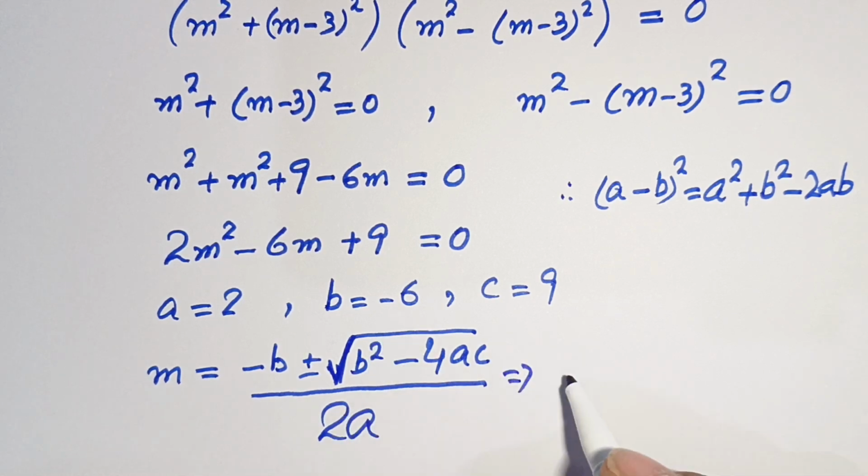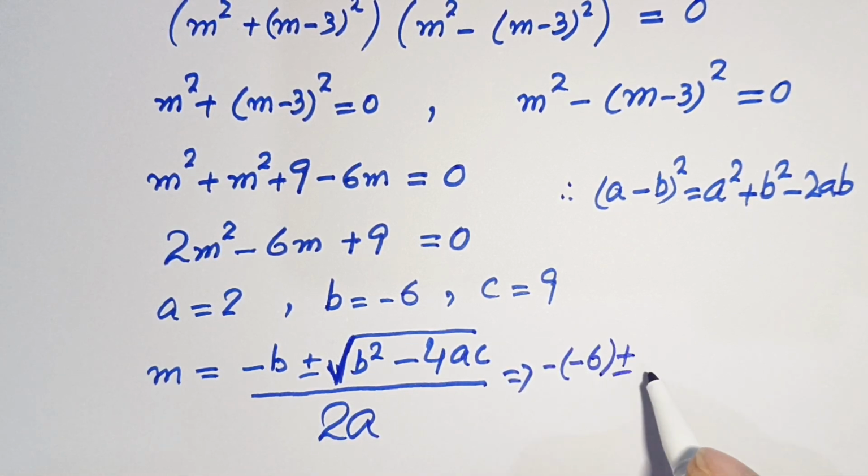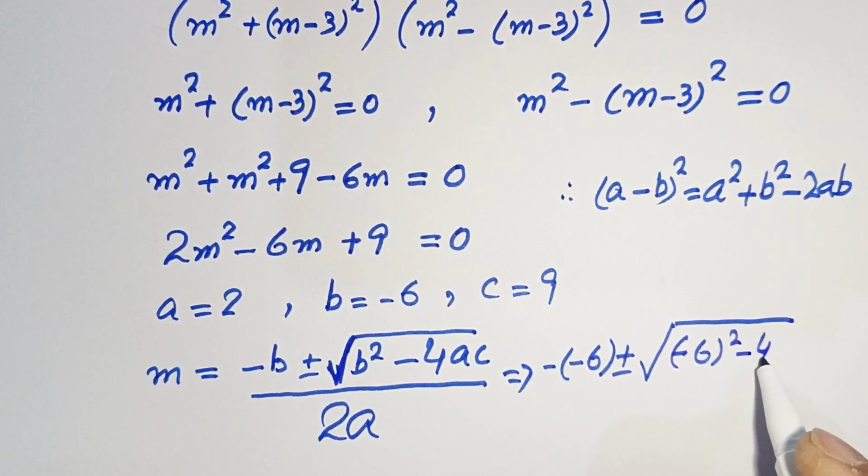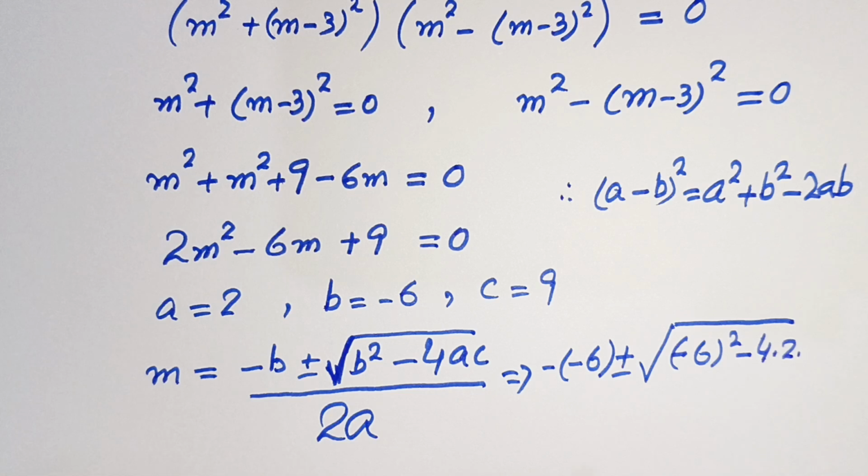So putting values, we get minus (-6) plus minus square root of (-6)^2 minus 4 times 2 times 9, all over 2 times 2.